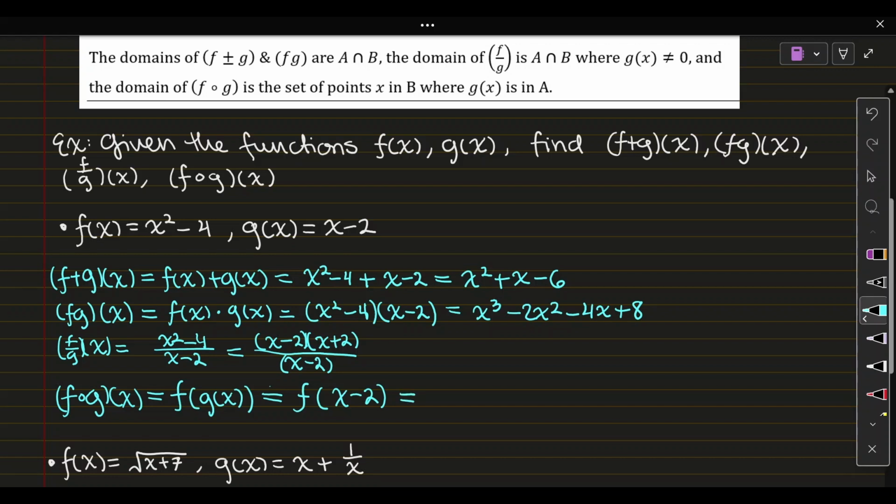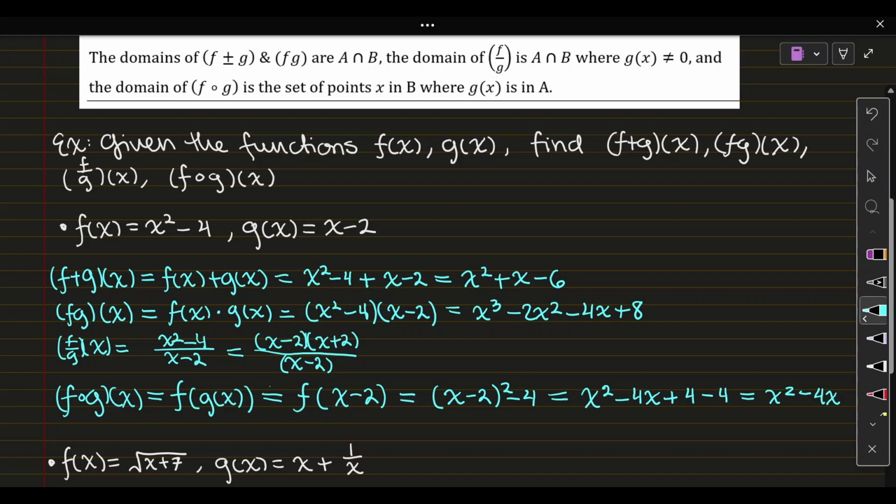So that's x minus 2 squared minus 4. If we want to be nice about things, we can FOIL this out and get x squared minus 4x plus 4 minus 4, which gives me x squared minus 4x. Okay, that's my final answer.